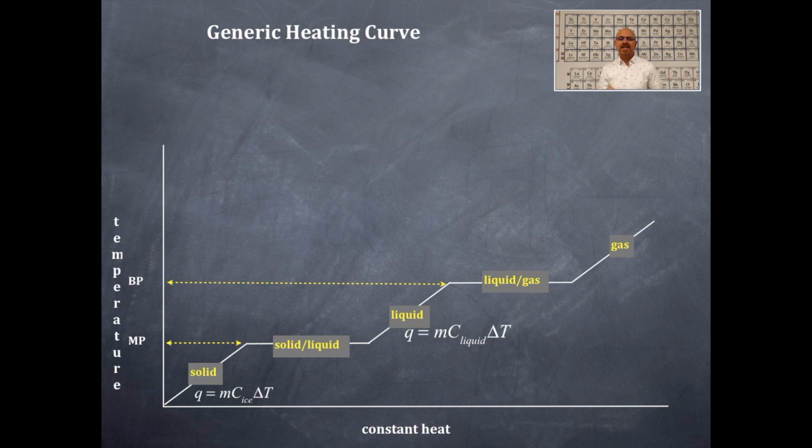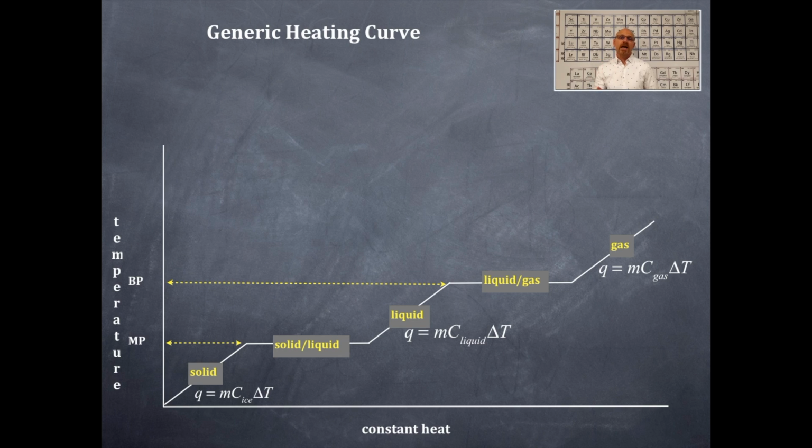The next section here is also Q equals mc delta T, but this C, the specific heat, is the specific heat for the liquid, that is water. That is the 4.184 joules per gram degree Celsius that you're familiar with. The next sloped section is Q equals mc delta T, and that C is the specific heat capacity for the gaseous state of H2O.